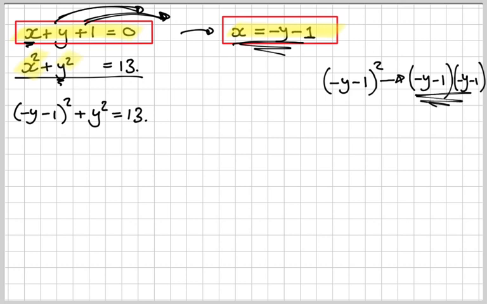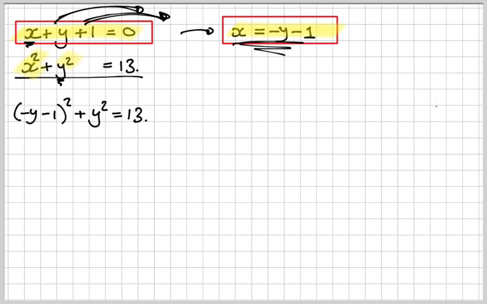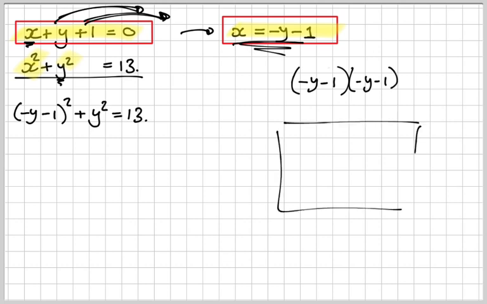How I deal with brackets back to back is I multiply them out using the box, or whatever way you want to. So if I multiply out minus y minus 1 times minus y minus 1 using the box method, I will set it up like this with minus y minus 1 along the top and then minus y minus 1 along the bottom.